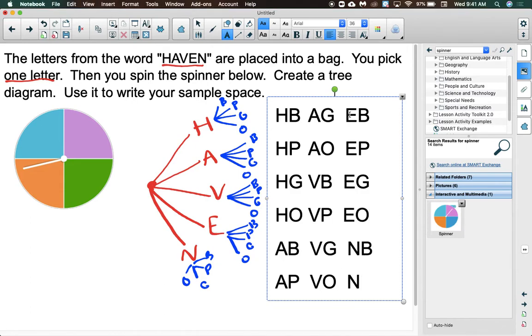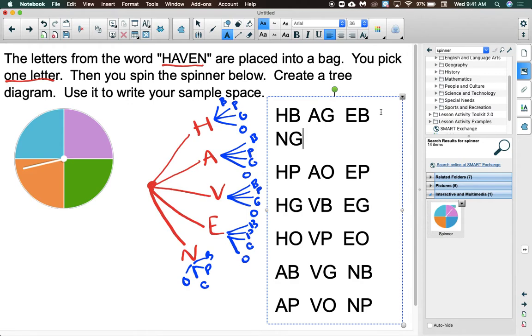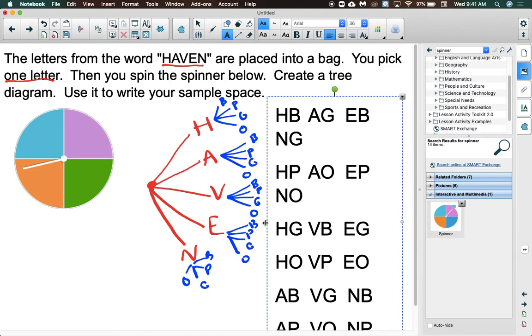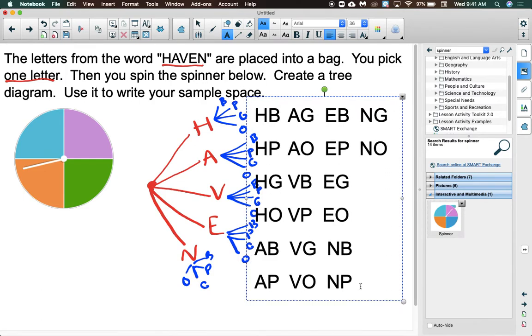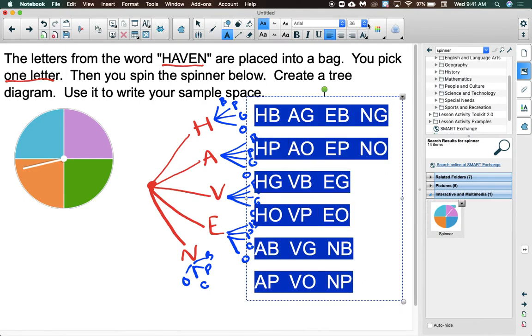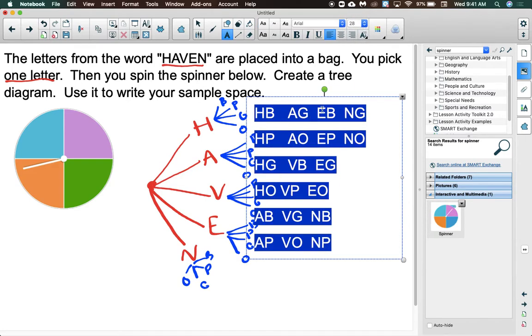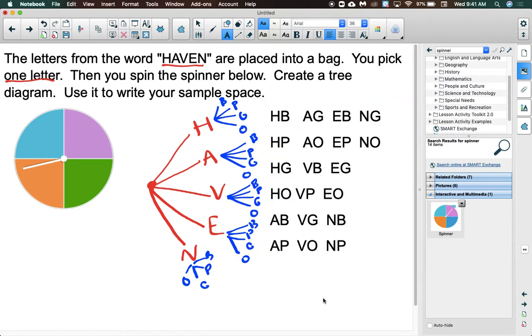NB, NP, NG, NO. So that's how I find all of my outcomes in my sample space from the tree diagram. I just go to each branch and I basically read through each one.